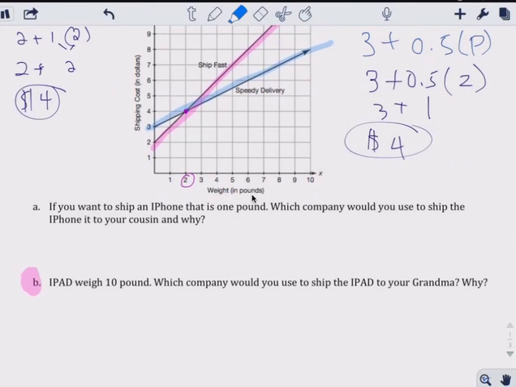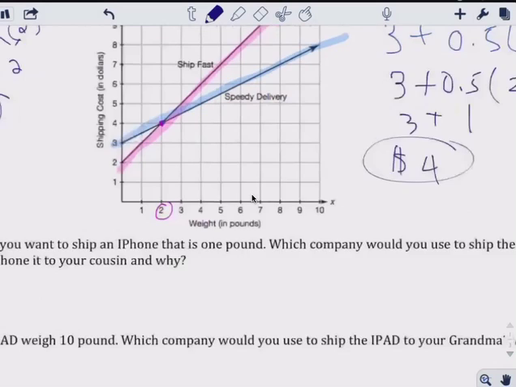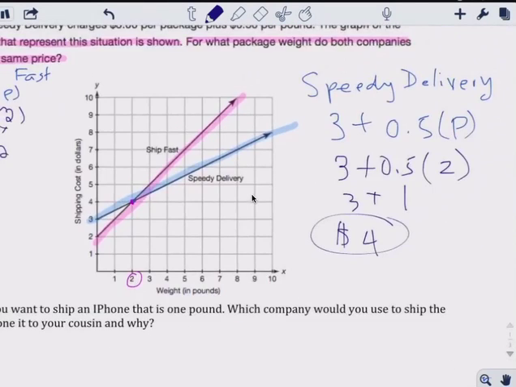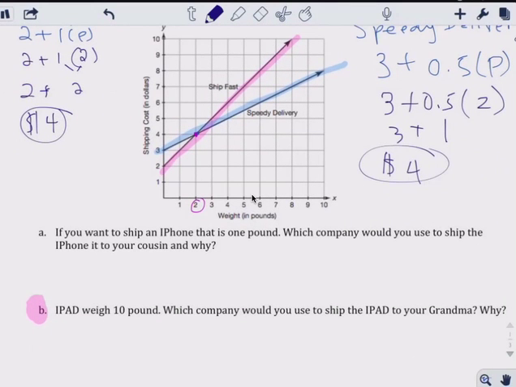So look at number 10. Using the graph, how much for, first of all, let's look at Speedy. Speedy is what color? The blue one, right? Okay, so let's put Speedy here. And the other one is Ship Fast.